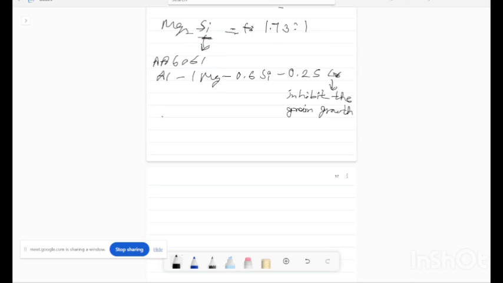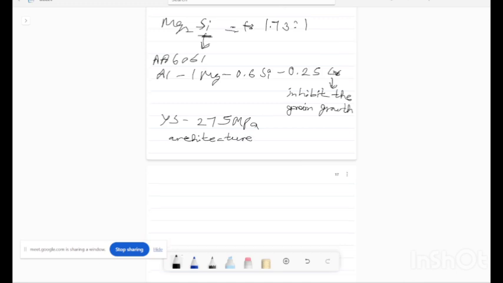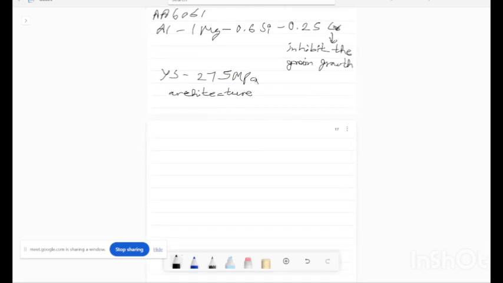The yield strength of 6061 alloy is 275 MPa, used in architectural application for its good surface finish and good machinability. And the 6000 series alloys are extrudable. So the extrudability of the 6061 is also high.